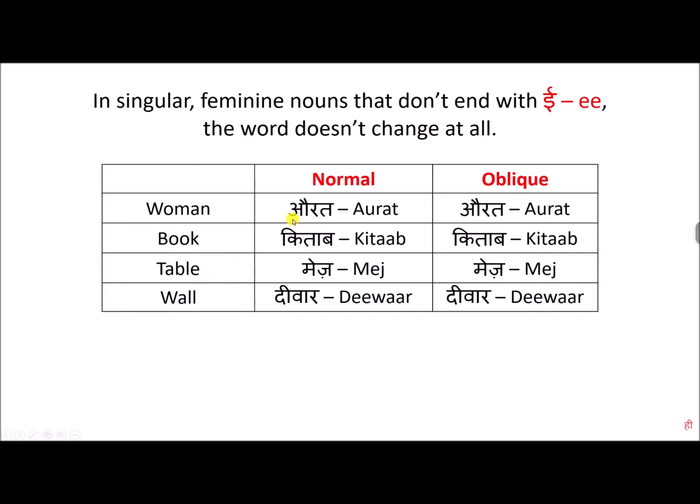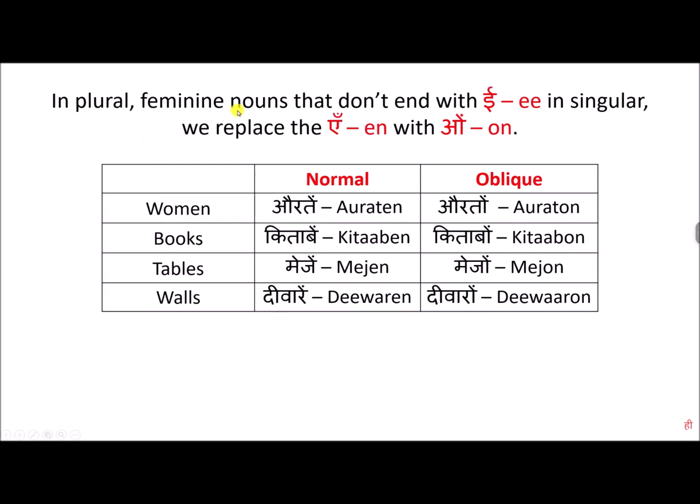These do not end in e, and so the normal form and the oblique forms are same. औरत औरत, किताब किताब, मेज मेज, दीवार दीवार. All right. Now the plural of these. In plural feminine nouns that don't end with e in singular, we replace the a with o.